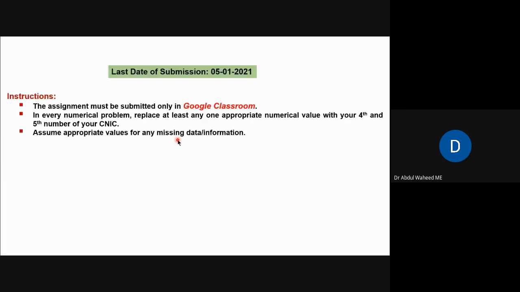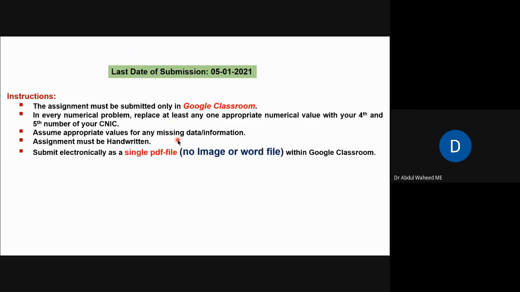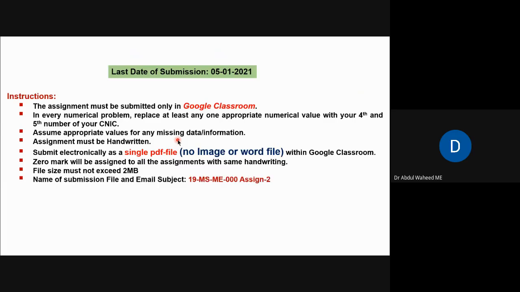Assume appropriate values for any missing data or information. Assignment must be handwritten, submit electronically as single PDF file, image या word file में नहीं करना. 0 marks for the same handwriting. File size कोशिश करें बहुत ज़्यादा exceed ना करें, और आप इस तरह file को name करते हैं.